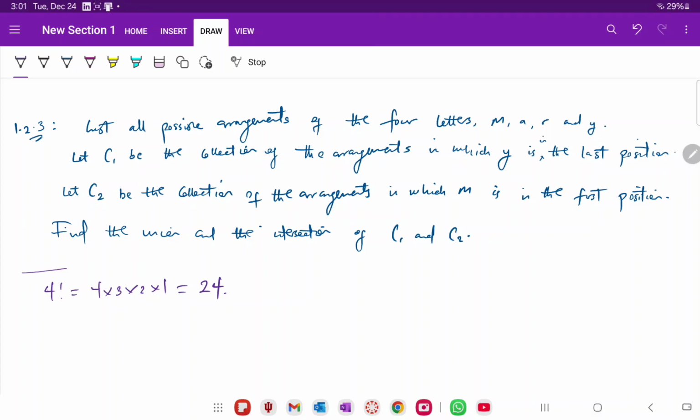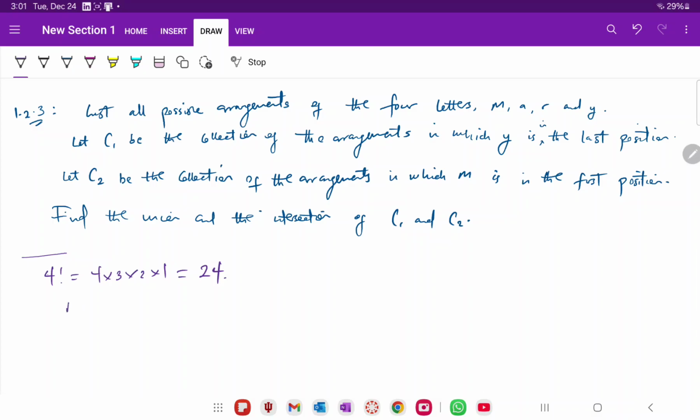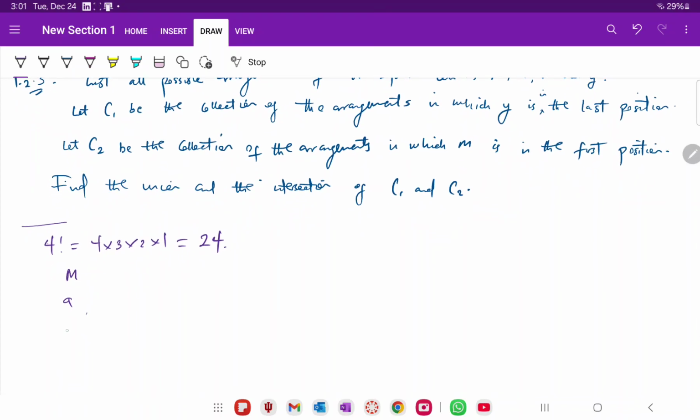So for a fixed M, fixed A, fixed R, and fixed Y, each of them should have 6 elements, and that will complete our possible arrangements.